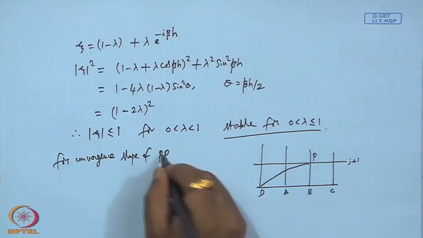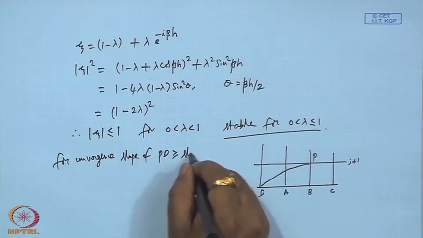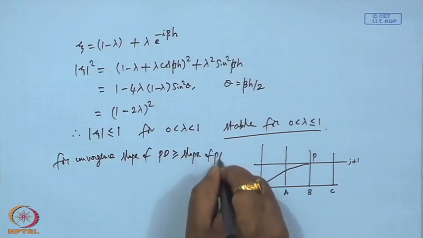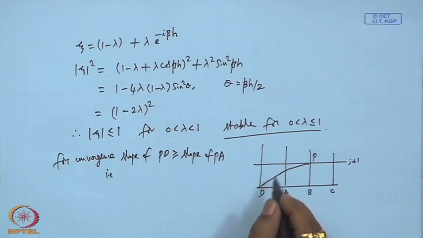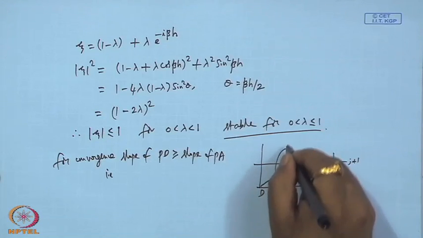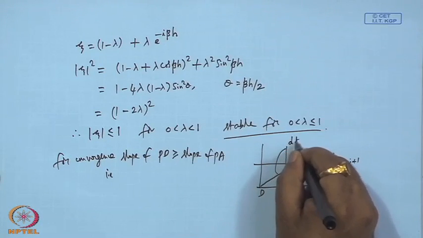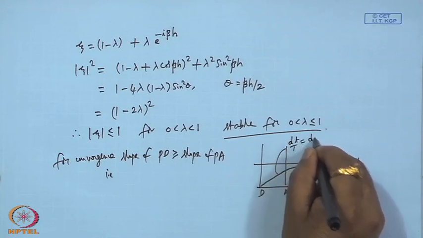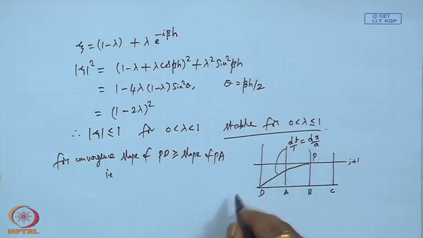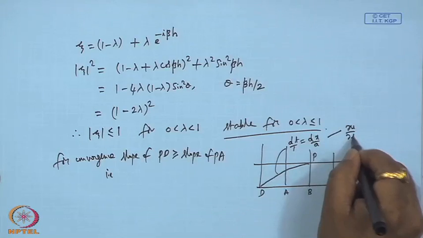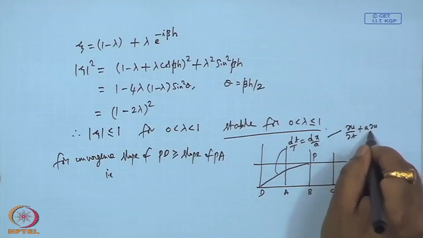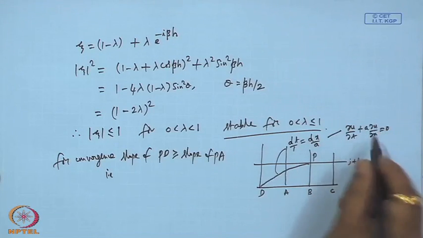Slope of P D is greater than or equals to slope of P A. So, that is slope of P D is nothing but, see, this is d t by 1 dx by A, from where we are getting, okay.